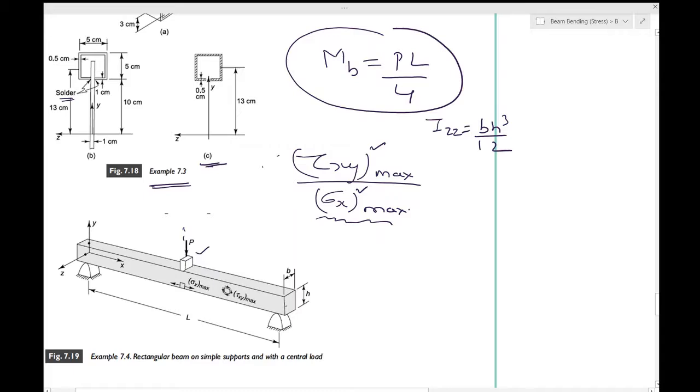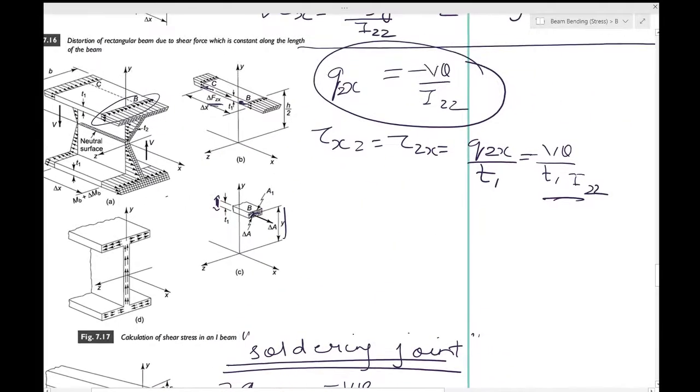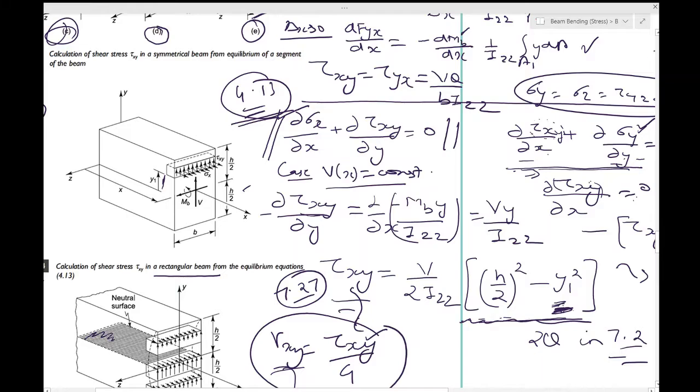Sigma x max can then be found because sigma x is equal to minus M_b y by Izz, so y has to be h by 2 or minus h by 2, and then you would have that. Similarly, tau xy max is something which you can find using this relation.